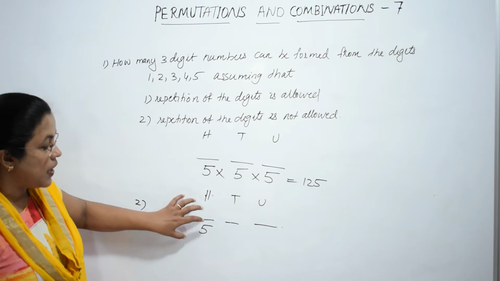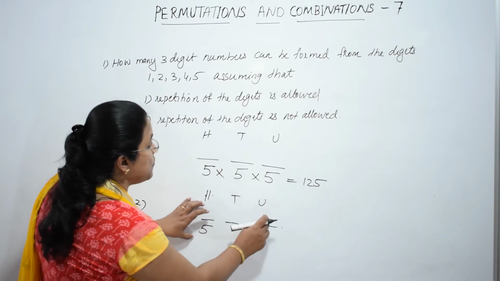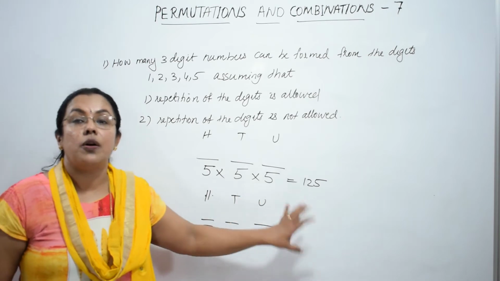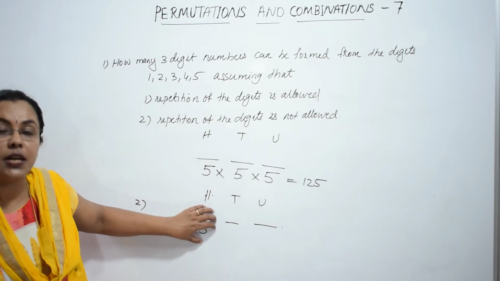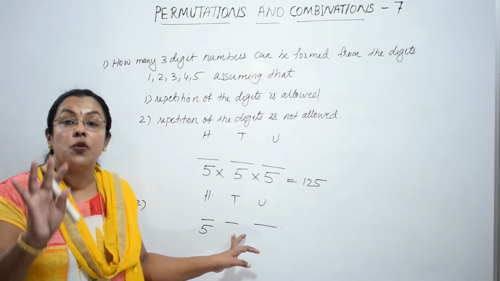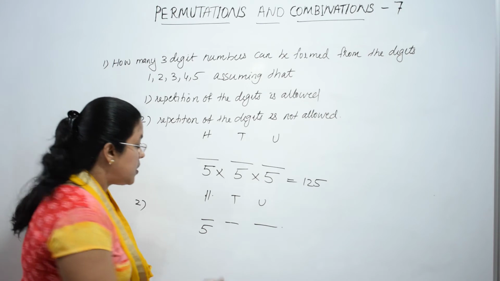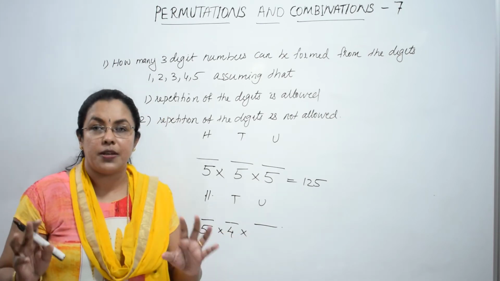After fixing 1 digit here, say 1, we cannot repeat 1 in tens or units place. So how many digits are left for the tens place? 4 digits are left, so the tens place can be filled in 4 different ways.